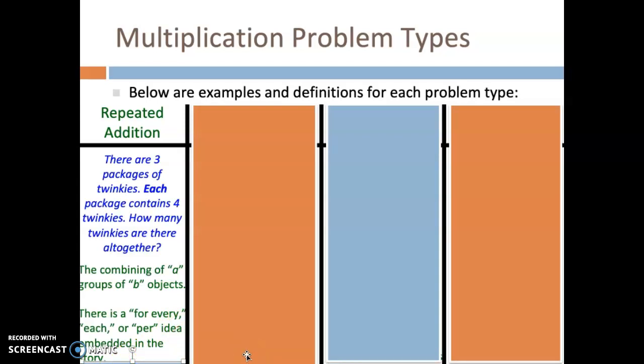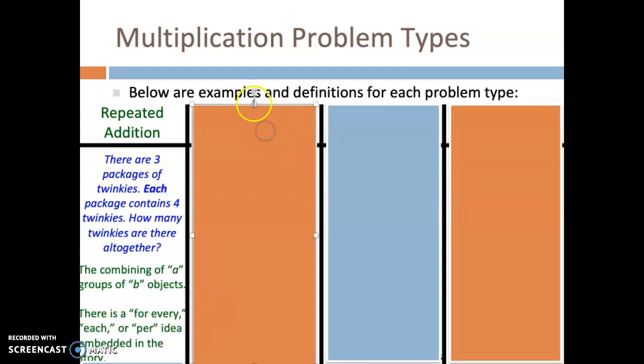There is a for every or each or per idea embedded into the story. So let's come back up. You can see it's highlighted here, each. So these are your key words for repeated addition. You'll look for every, each, per within that sentence.